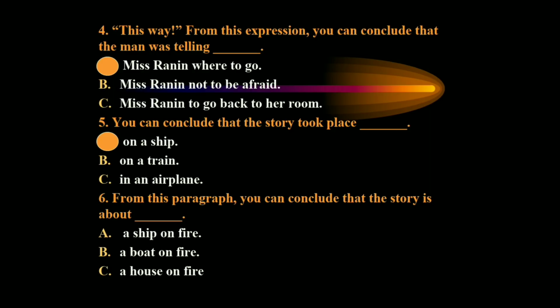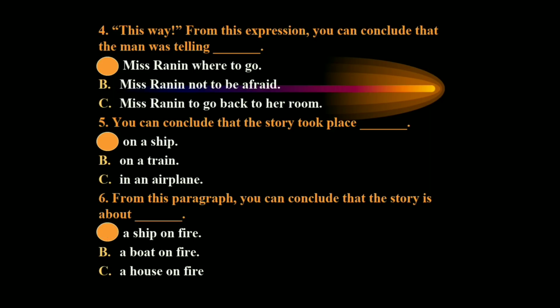For number 6, from this paragraph, you can conclude that the story is about A, a ship on fire, B, a boat on fire, or C, a house on fire. So based on the clues given in the paragraph I've read, what do you think so? Yeah, okay, that's correct.